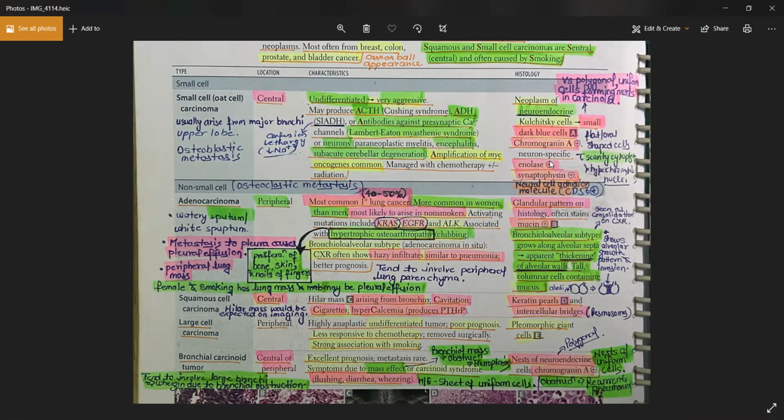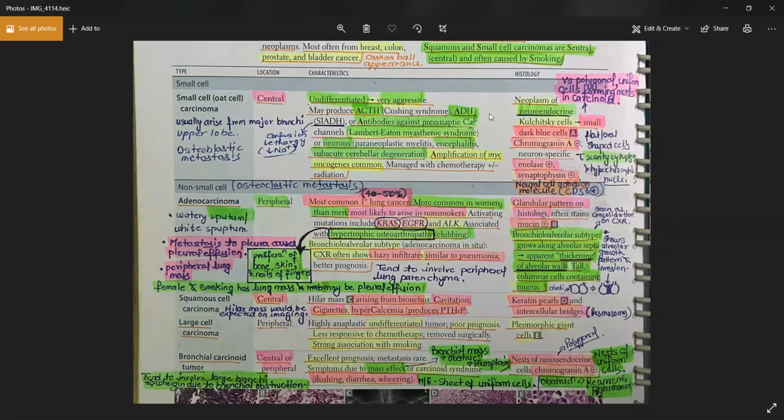And these cells will have a very large nucleus but very scanty cytoplasm, just like lymphocytes. That's why these small cells look dark blue, because of the nucleus.